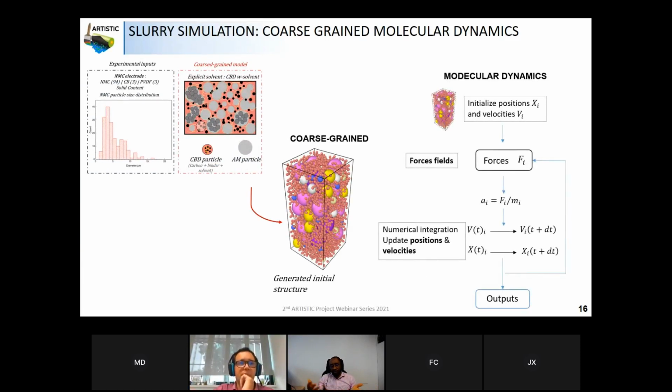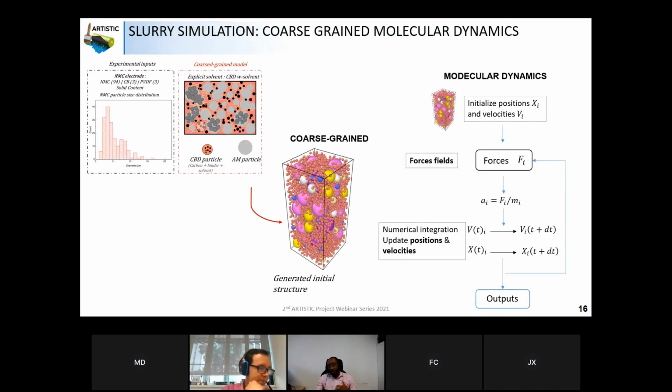For the principle of molecular dynamics, the strategy is simple. You start with the initial structure, and then we give, I would say, an initial velocity to each particle, and then with the force field that you use in your model, we calculate the force on each particle, and then we evaluate the acceleration, and then we integrate the Newton equation to obtain the velocity and the new position of the particle.